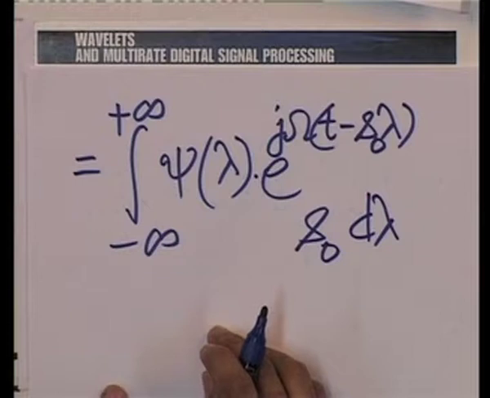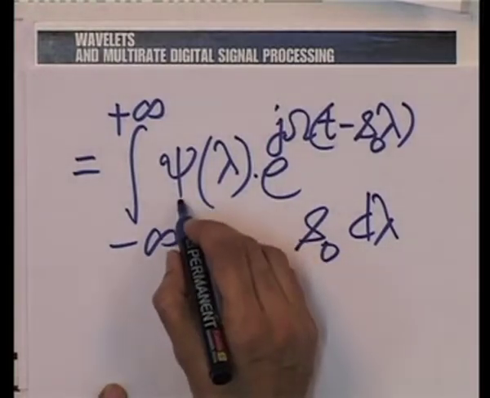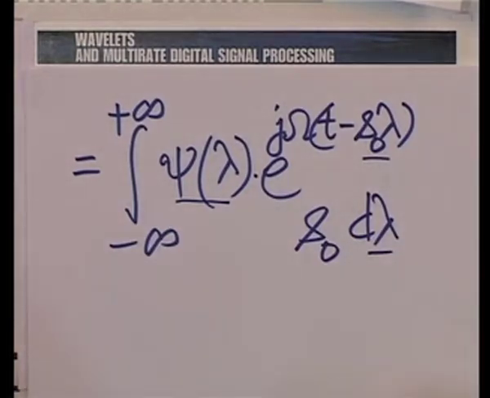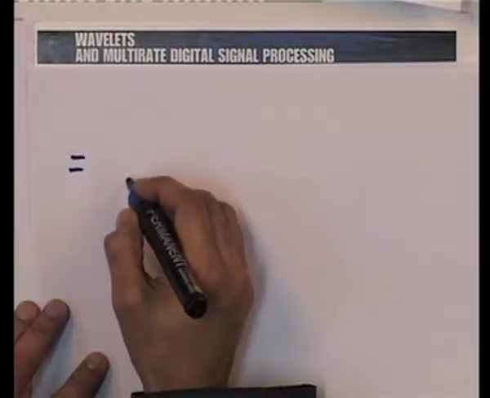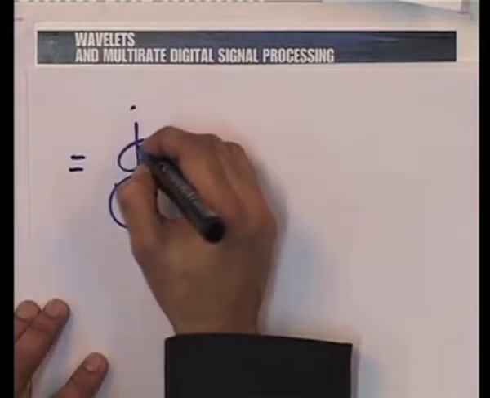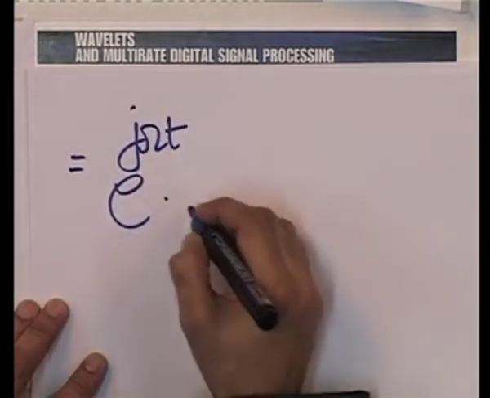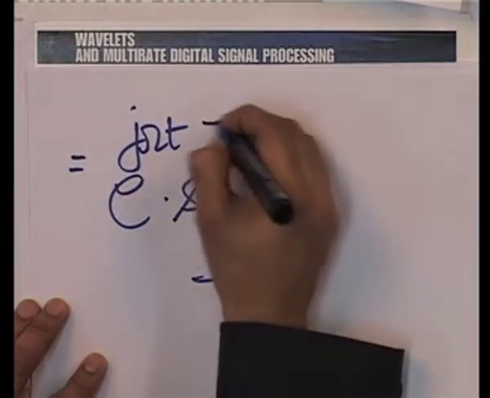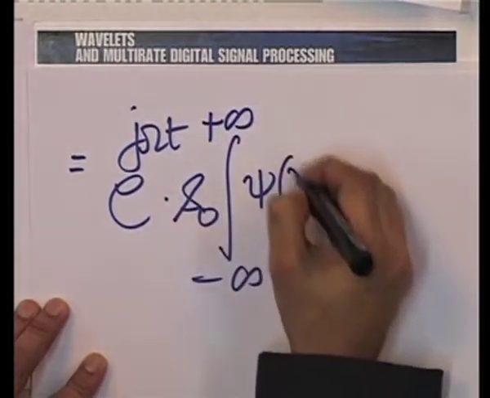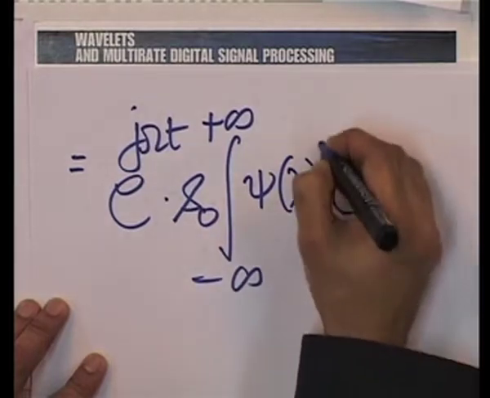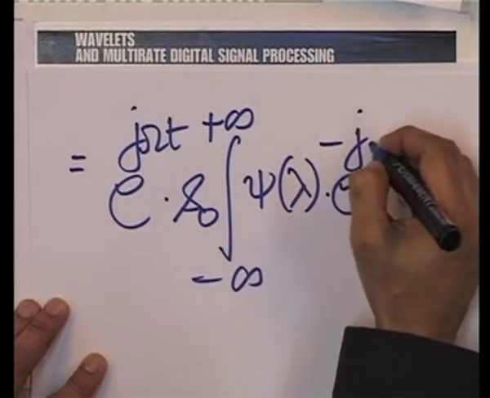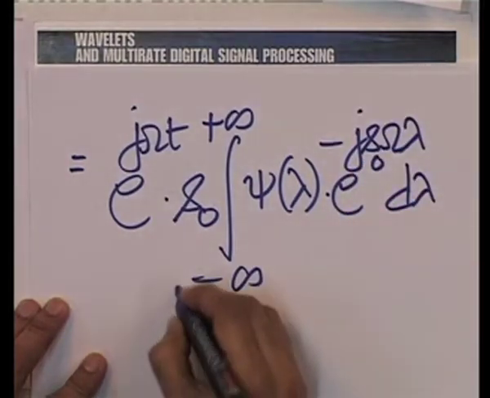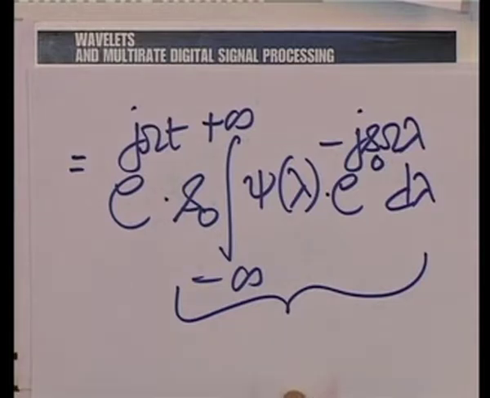And then we need only to isolate this part. So, this can be rewritten as e raised to the power j omega t coming out, S naught coming out, and then we have minus to plus infinity psi lambda e raised to the power minus j S naught omega times lambda d lambda, and this is very familiar here.